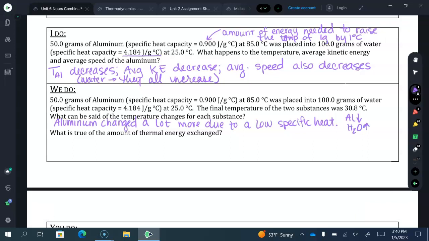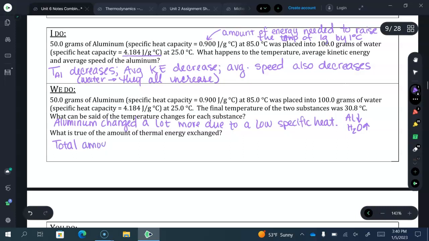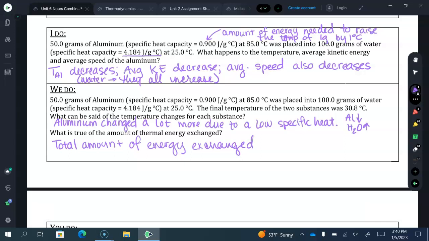What is true about the amount of thermal energy exchanged? The total amount, because it's thermal equilibrium and energy can't be lost or created, it has to be completely transferred. So the total amount is equal to what was lost by aluminum but gained by water.